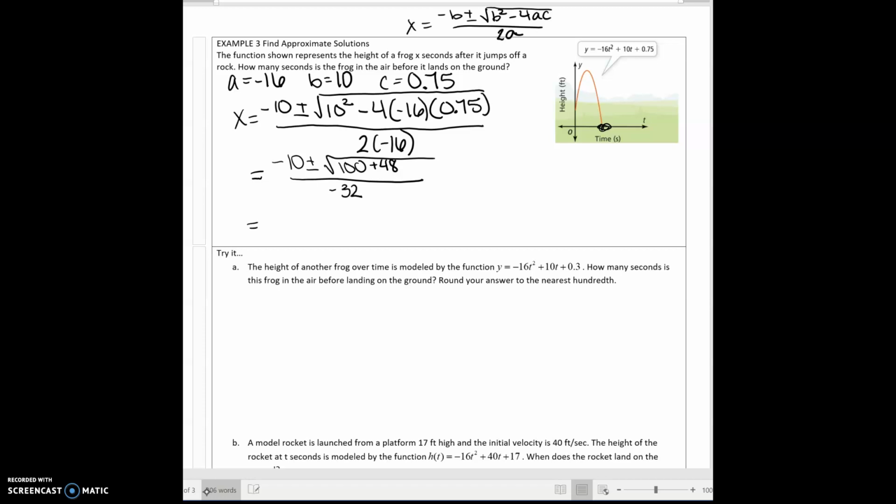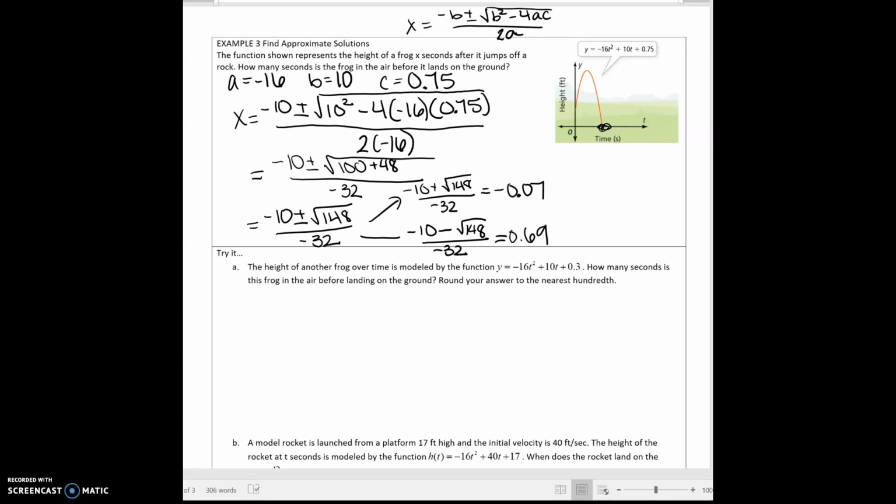Then we have negative 10 plus or minus the square root of 148 divided by negative 32. And now we're going to take these two options, negative 10 plus the square root of 148 divided by negative 32, and negative 10 minus the square root of 148 divided by negative 32, and plug those into the calculator.